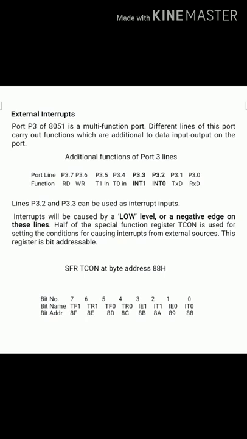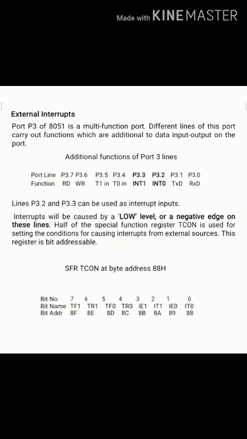Now, port 3 is not only an IO interface port, but it is a multifunctional port. It acts as an interrupt port also, as a transmitter port also, as read line, write line also, and as timer lines also, right? But at this point we shall understand how external interrupt 0 and external interrupt 1 occur on the port 3 lines. On port 3 there are 8 bits.